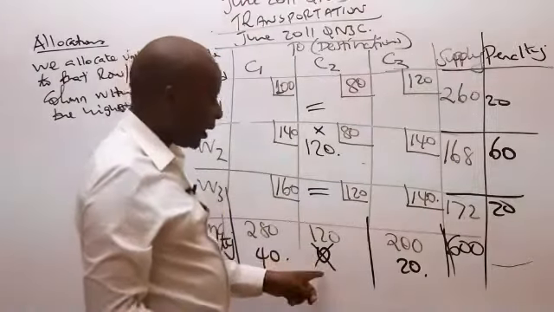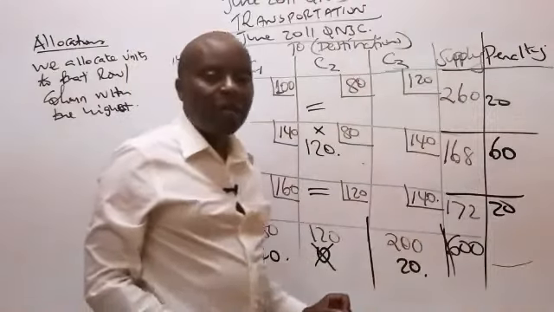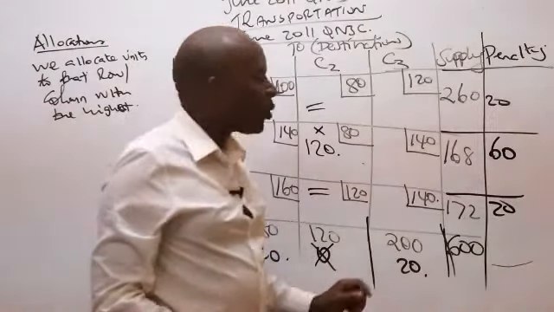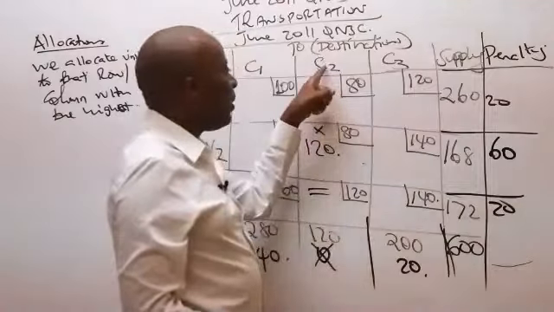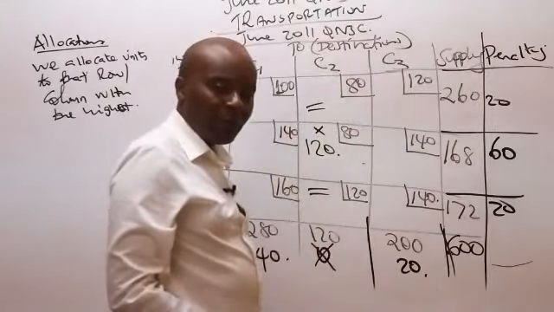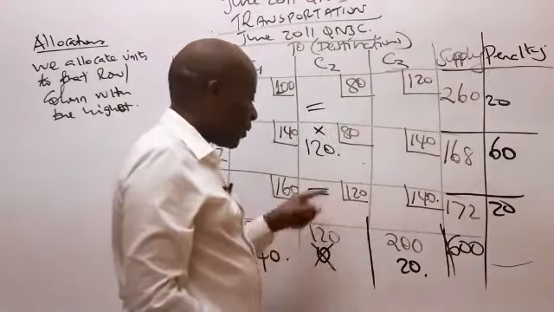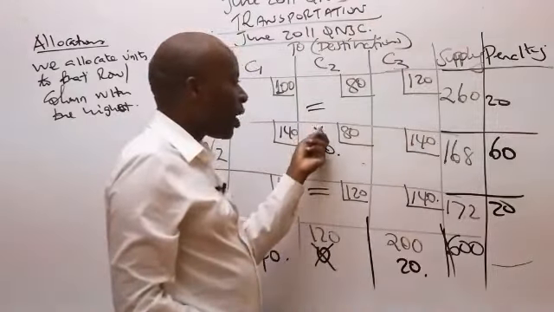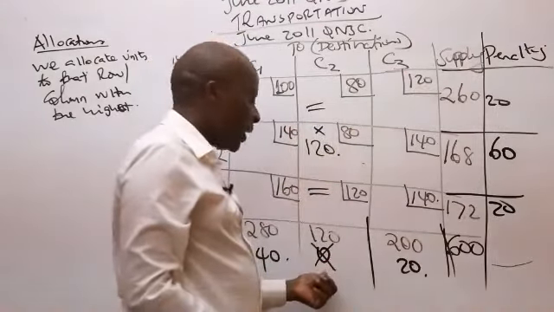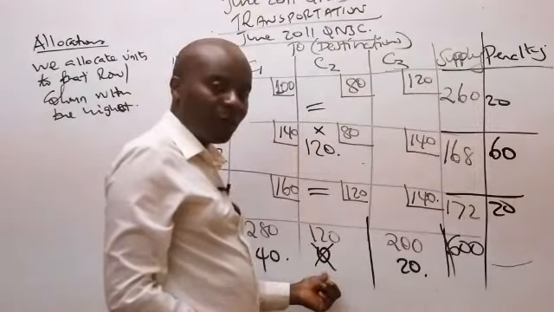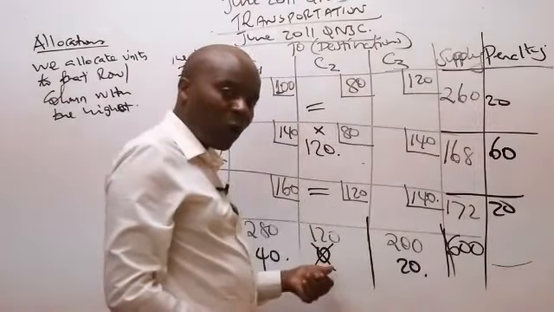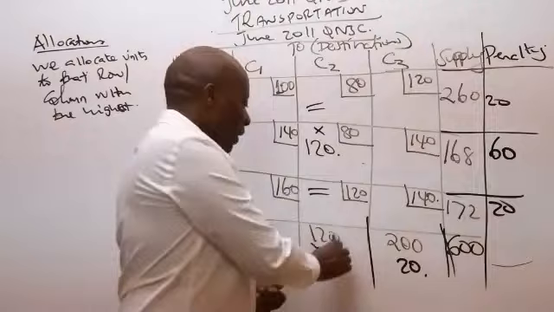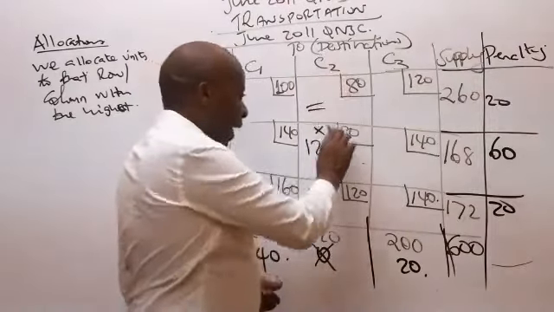Why am I canceling this penalty? Because now it is a useless penalty. Because in the future, I will never make reference to this particular column. The column is fully satisfied. I'll never do any allocations onto this column. So this penalty here will never draw my attention towards the particular column in the future. So I'm canceling this because now we are done with this particular column.